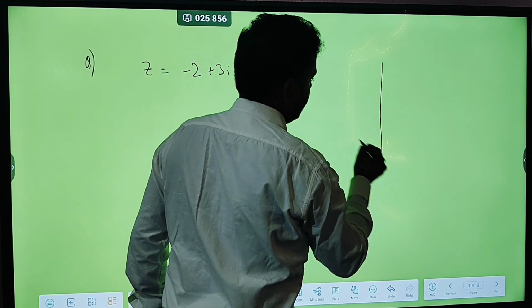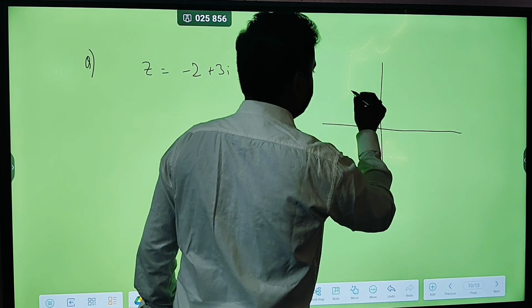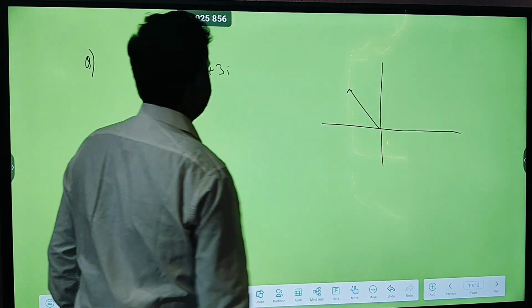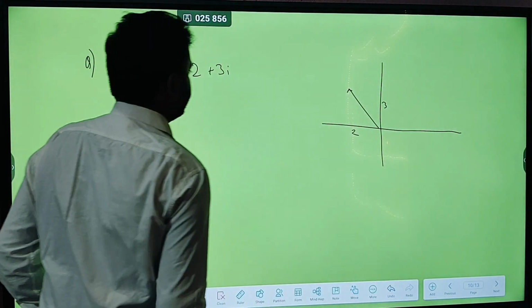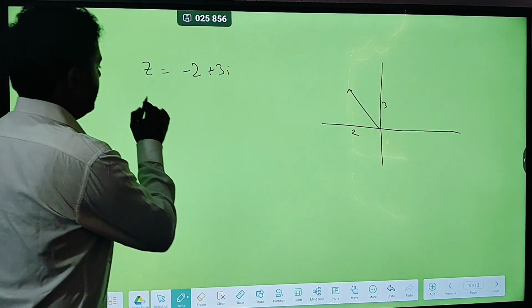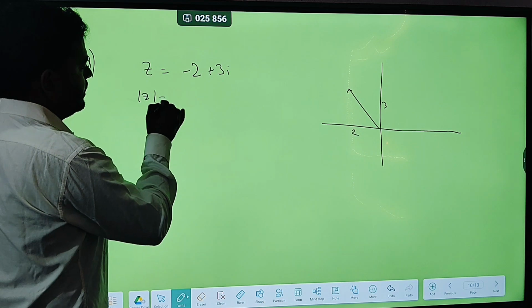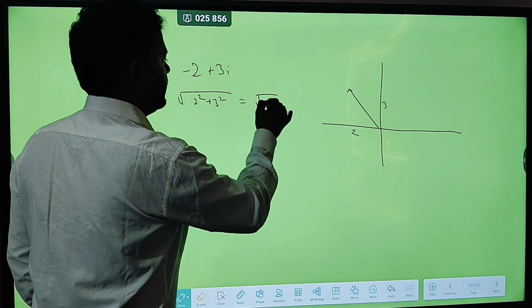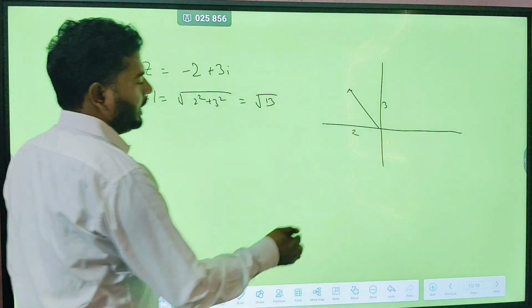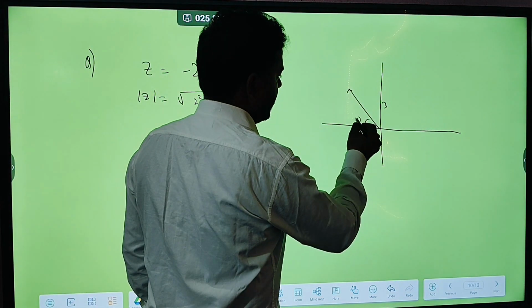Let's say we have z equals minus 2 plus 3 iota. If I plot it in a Cartesian plane, x is minus 2 and y is 3, where this length is 2 and this length is 3, right? So mod z is very simple. It's root of 2 square plus 3 square, which is root 13. And this angle I can calculate.